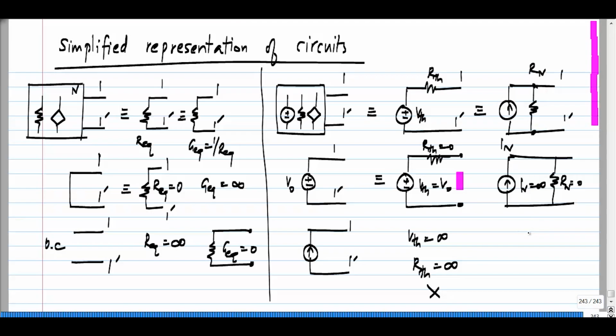Instead, you have to represent it as a Norton current source whose value equals the value of the current source I naught and a Norton resistance which is infinite, or a conductance which is 0. A Norton conductance which is 0. So, you can from this see that you will have to define parameters in different ways, so that you can describe all circuits with finite valued parameters.